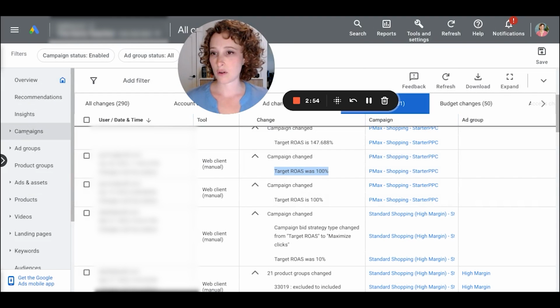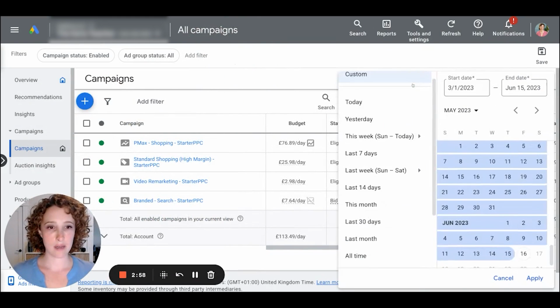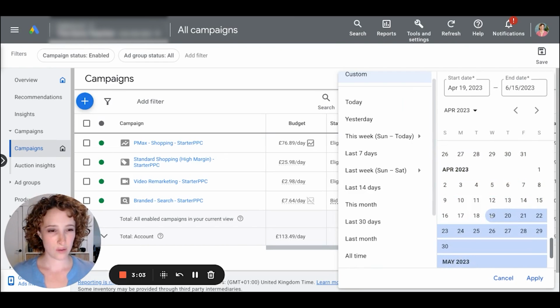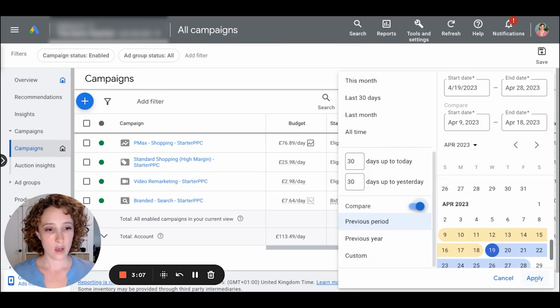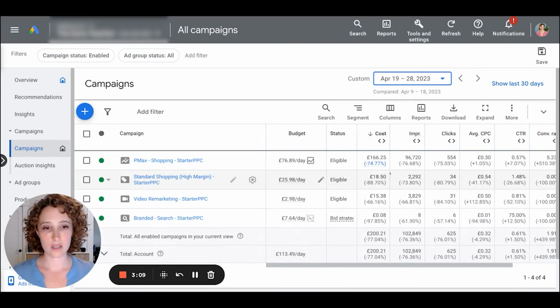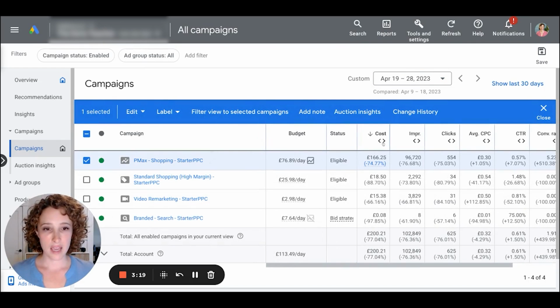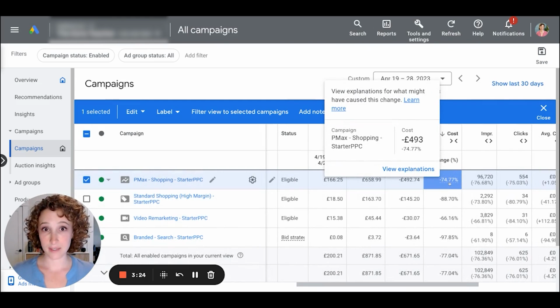Okay, so what happened? So this was April 19th through April 28th. And let's just compare it with the previous period so we can see how the numbers changed during that time period compared to the previous period. Okay, so first thing that we can see for this PMAX shopping only campaign, that's the one here on the top, is cost went down 74%, right?